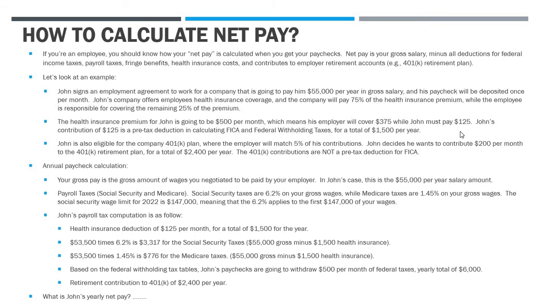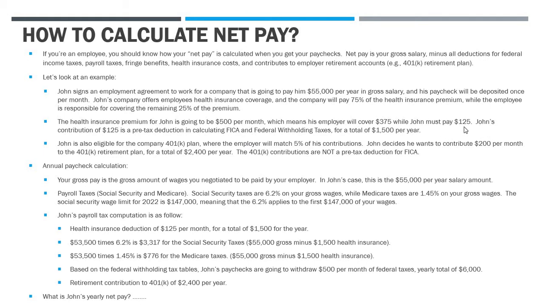Now, what's important about health insurance is under U.S. tax rules, the health insurance piece is a pre-tax deduction. In other words, you can deduct the costs of the health insurance that you are paying as the employee before calculating your FICA taxes, so those are the payroll taxes, and the amount of federal withholding taxes that have to come off your paycheck.